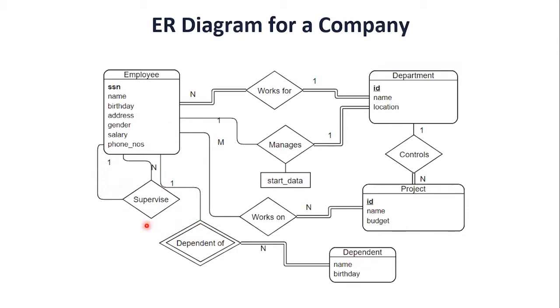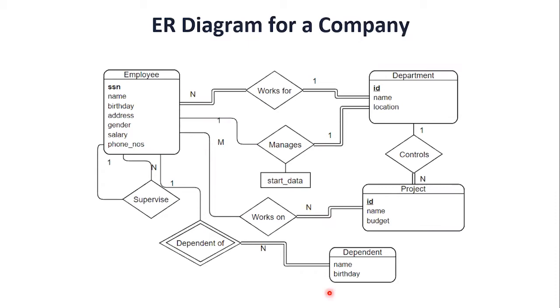And we have another relationship here that has a double diamond. So that indicates it's a weak entity, and this employee entity set is going to be the identifying entity set using this identifying relationship. So we have the weak entity set as the dependent.